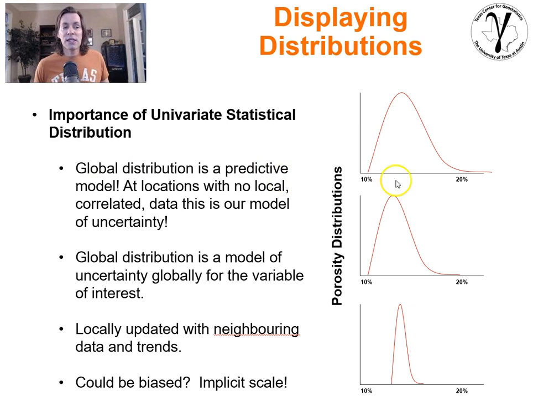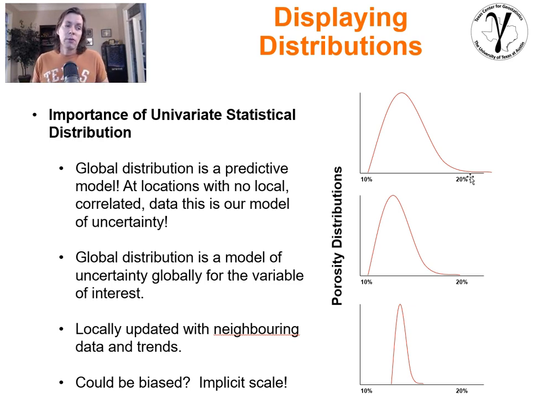If you imagine, we've sampled the porosity values all over the subsurface in the area of interest, that volume of interest. And now we have this distribution. Now, if we move to another location within that same area of interest, but perhaps far away from the other data, this statistical distribution becomes a predictive model.